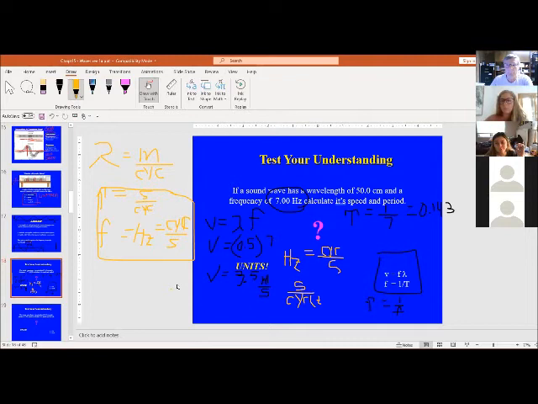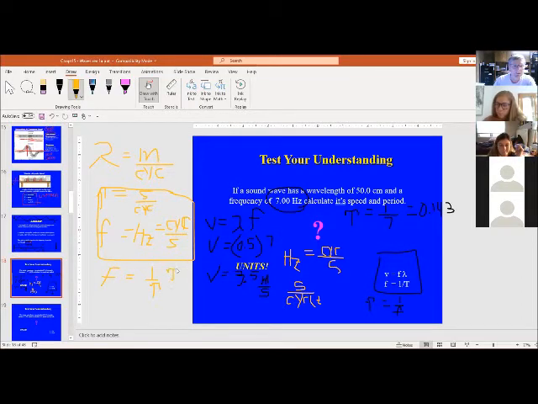I'm just confused because the chart says frequency equals 1/tau. So mathematically, frequency is 1/tau, and we're looking for period, so we multiply both sides by the period.